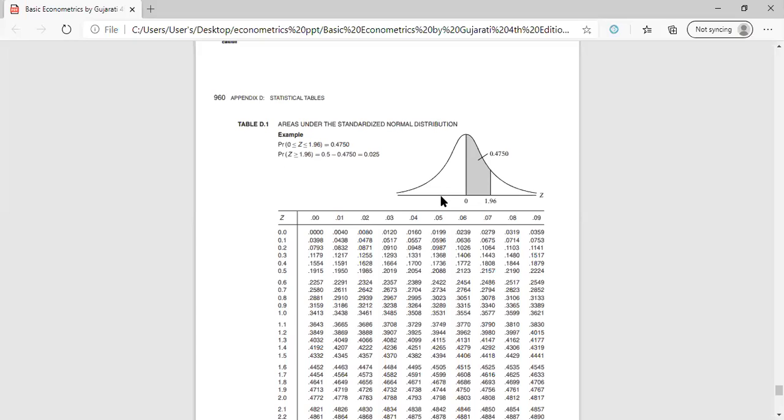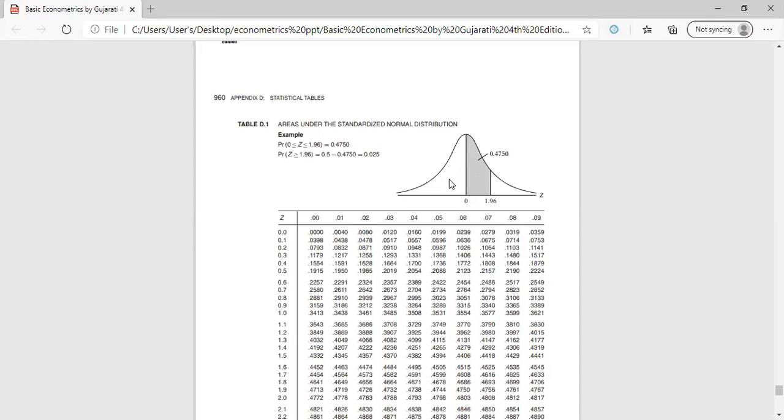So here you have minus 1.96 and you go and another shaded area, that area will be exactly equal to this shaded area. So probability that Z lies between minus 1.96 and 0 will be exactly same as probability that Z lies between 0 and 1.96, because this is a perfectly symmetric distribution.